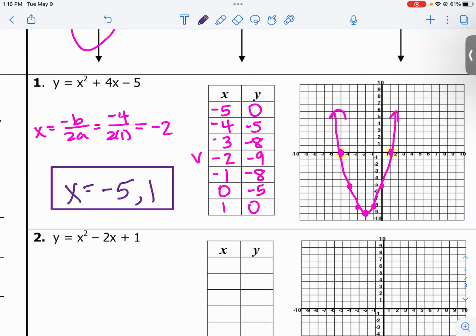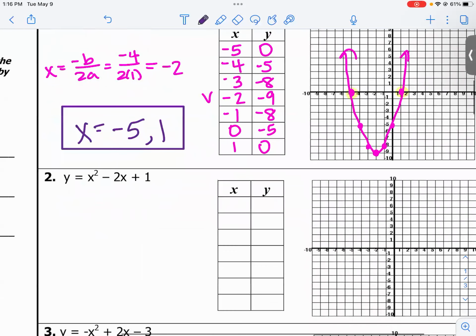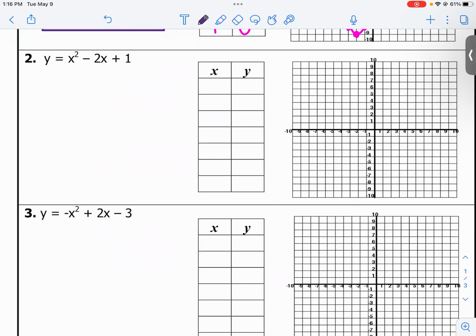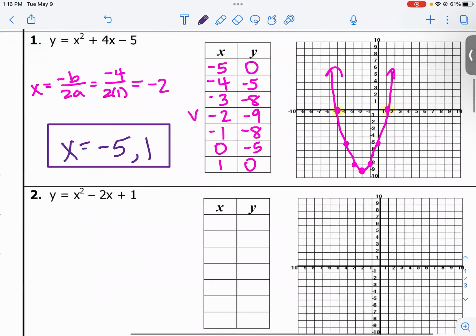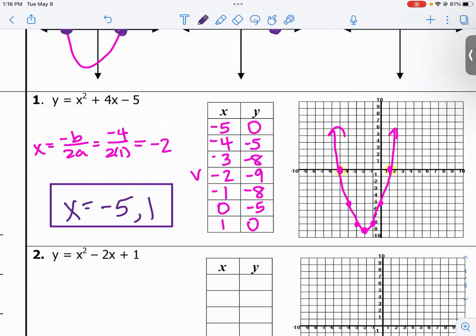Okay, so you're saying, okay, so Amelia might be a little bit frustrated right now because she thinks we can just set this equal to 0 and solve.